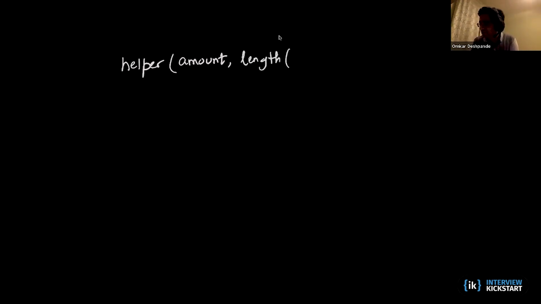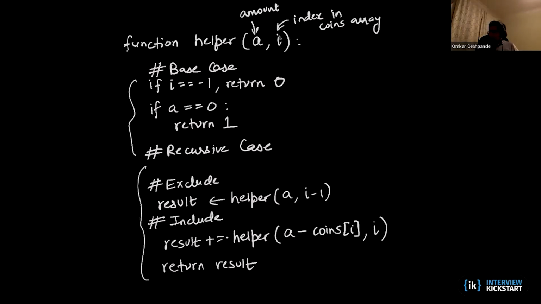That's index n minus 1, or length of coins minus 1. You could also do this from the left end, it doesn't matter. Whatever the value here is, we'll return. So that's the recursive code. It just follows from the recurrence equation.